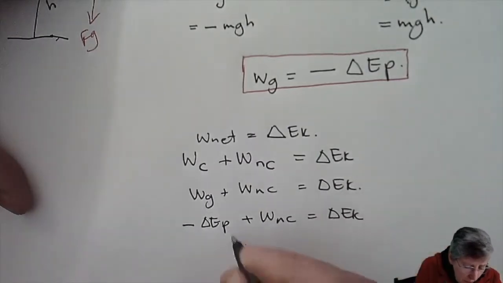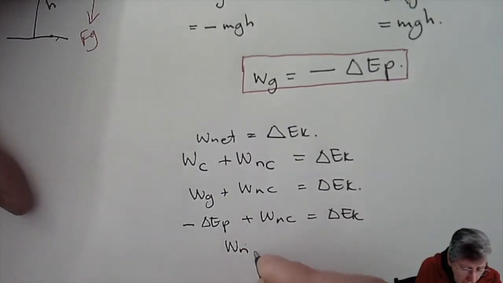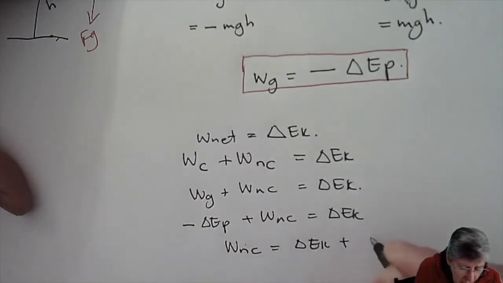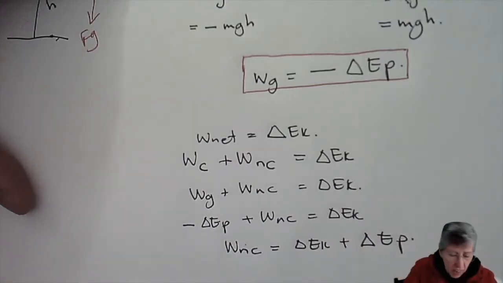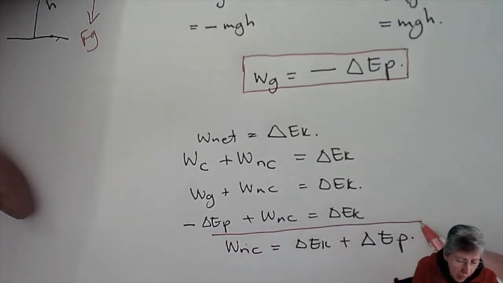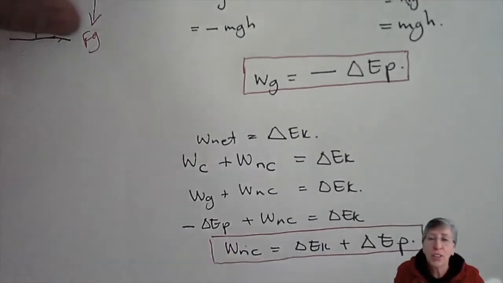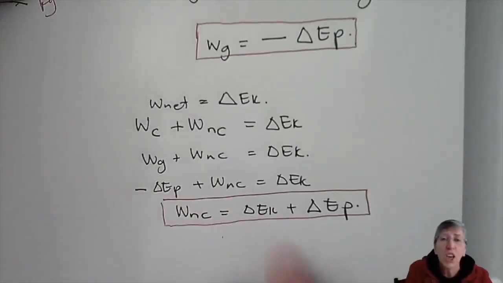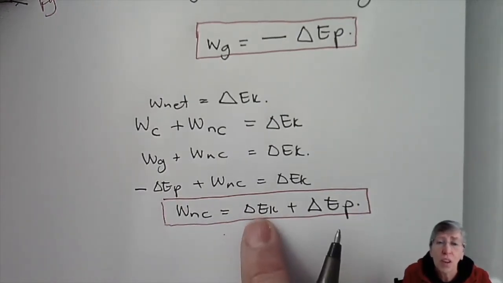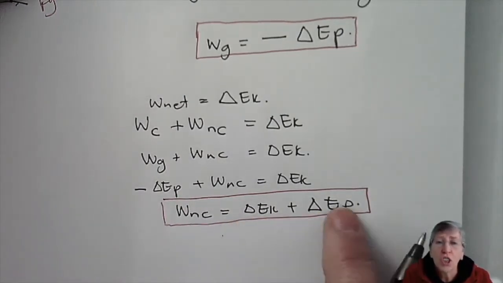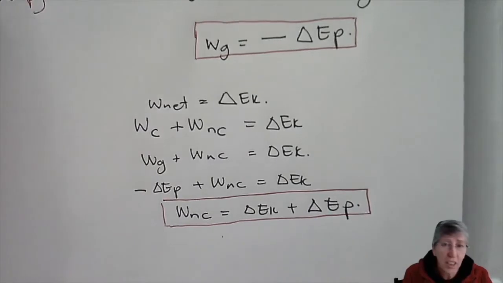And if I rewrite that, I end up with work done by the non-conservative force is the change in kinetic plus the change in potential energy. And once again, you will recognize this, and it is on your information sheet. You can use that, right? The work done by the non-conservative forces is equal to the change in kinetic and the change in potential energy.